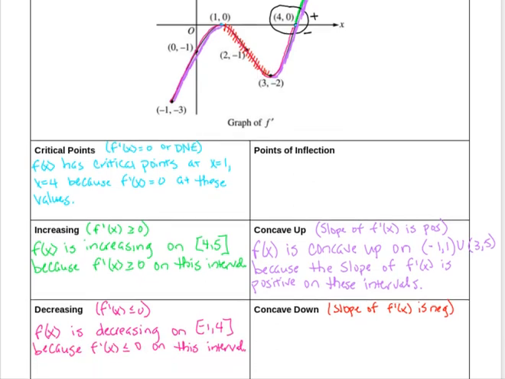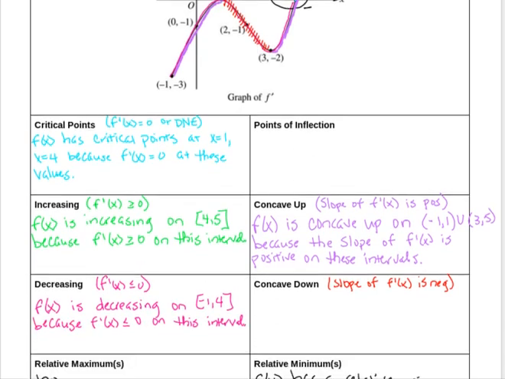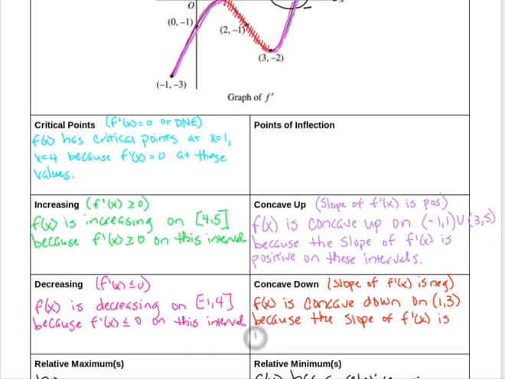So from 1 to 3, f of x is concave down on the interval from 1 to 3, because the slope of f prime is negative on this interval.